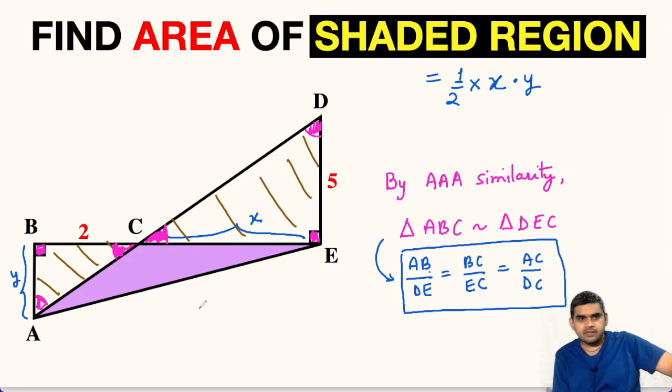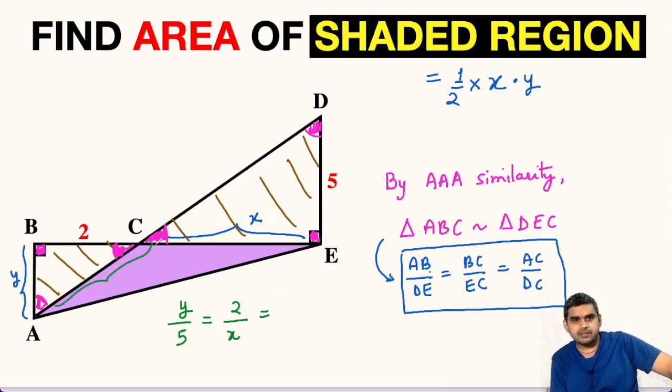So AB is given as Y, DE is equal to 5, then BC is 2, upon EC is X, equals AC, which is not known to us, so we will write AC only, and then DC.